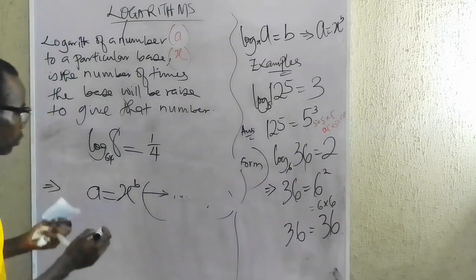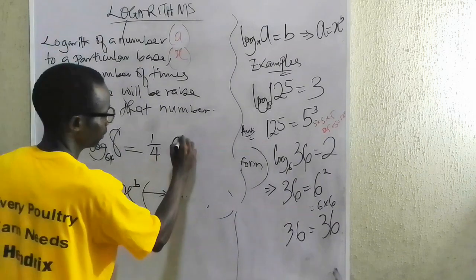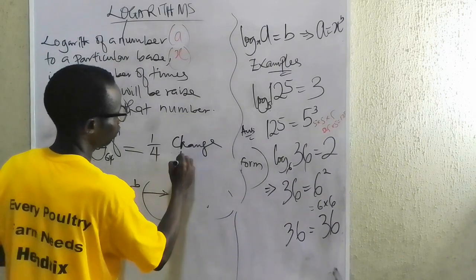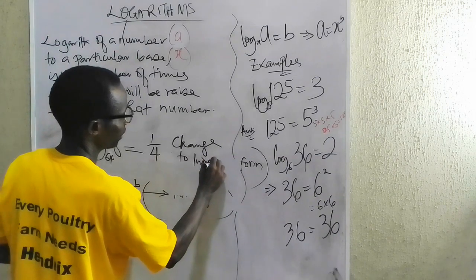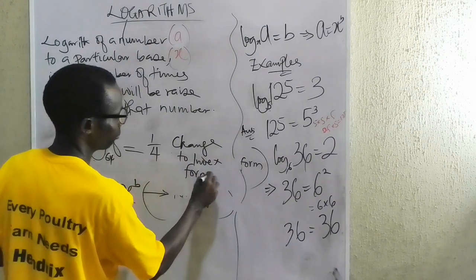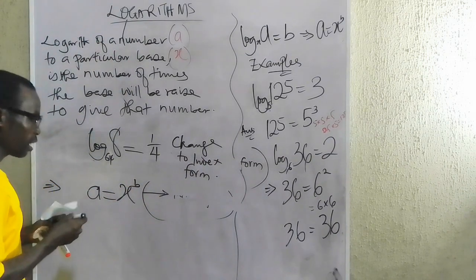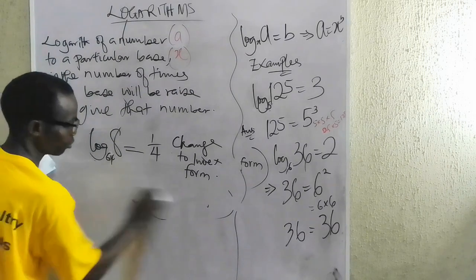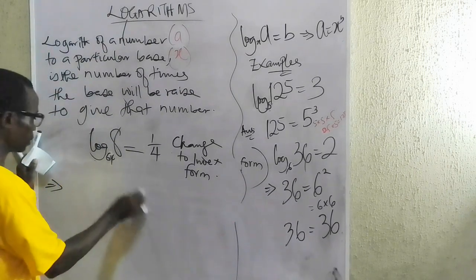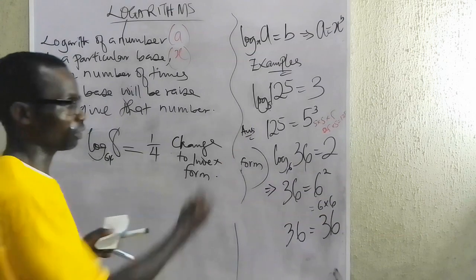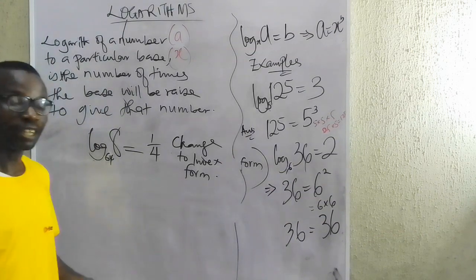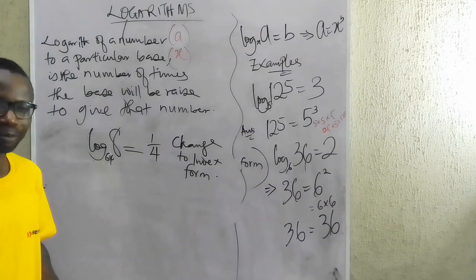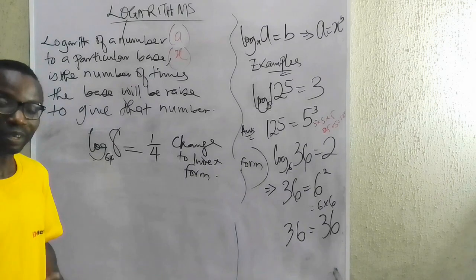I want you to turn this to index form. So this is the homework. Try your hands on this. It looks a bit more difficult than what we have here. If you're able to get it, that's good. But if you don't get it, I'll come back and solve it.